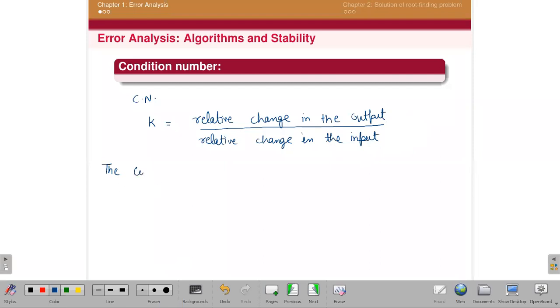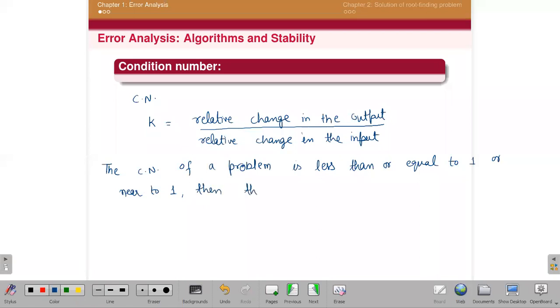So if the condition number of a problem, meaning of any expression, is less than or equal to 1, or near to 1, then that problem is well conditioned.